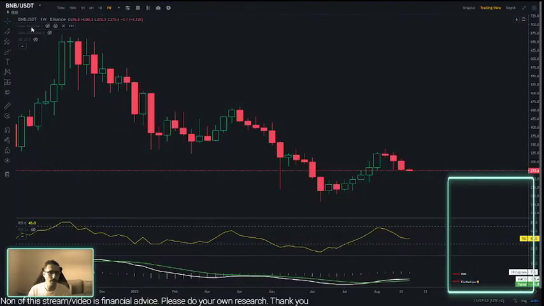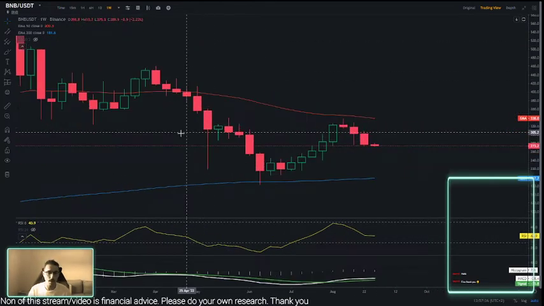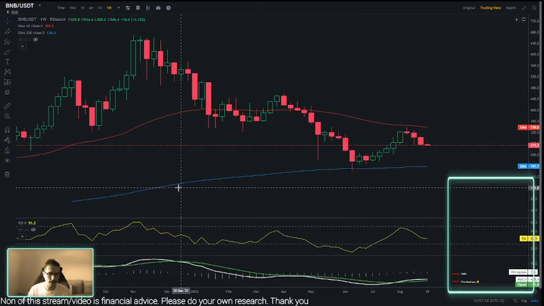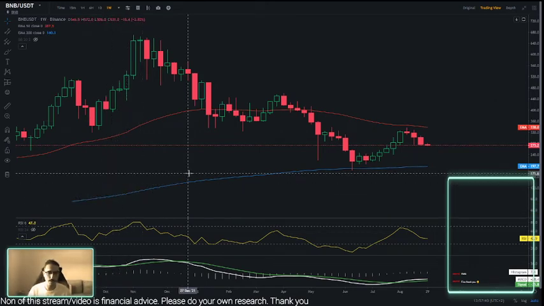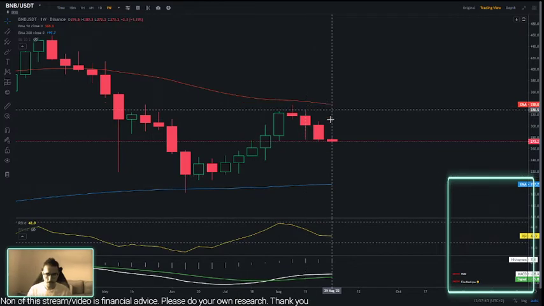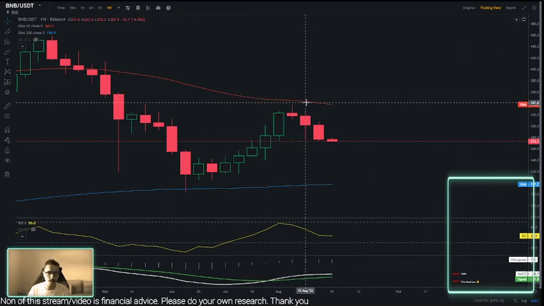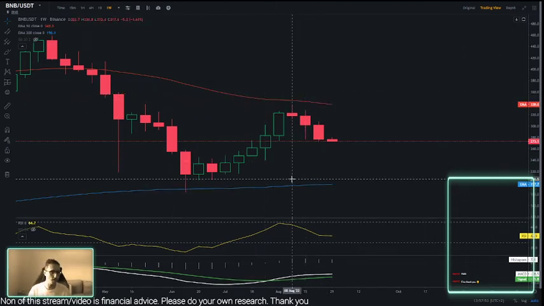The EMAs. Hello EMAs, where are you? So we don't have a lot of data for building the 200-day exponential moving average, and that makes sense. So we are in between those two, and this is a very interesting formation because those two are working like the Bollinger Band, the one on top as a resistance and the one on the bottom as a support.